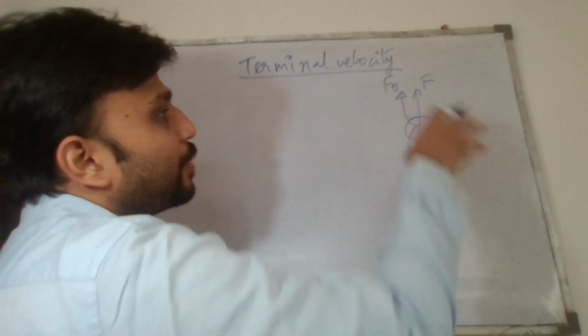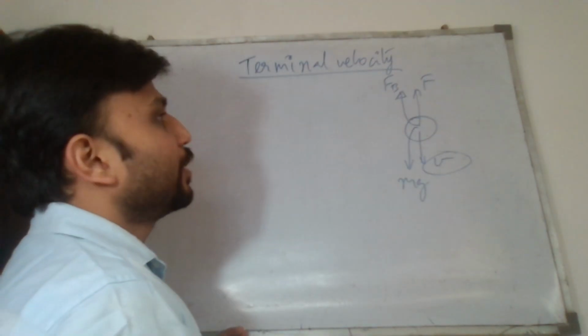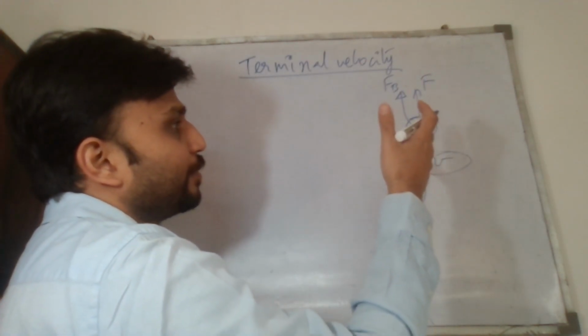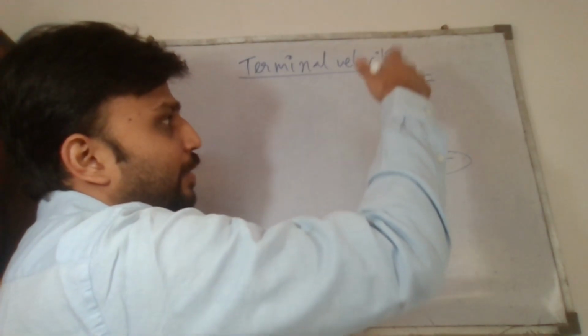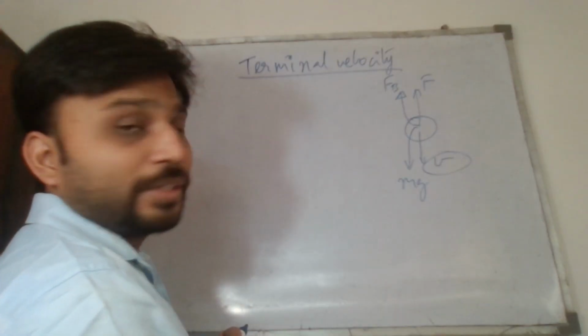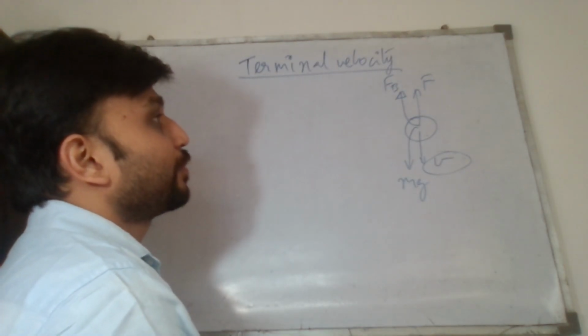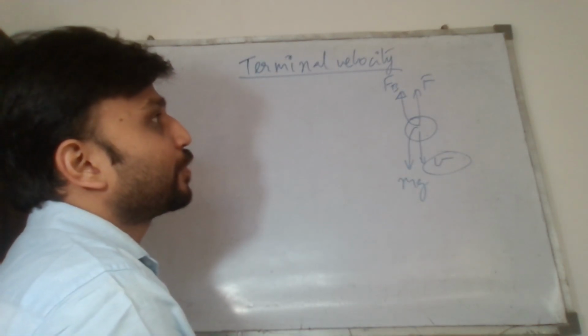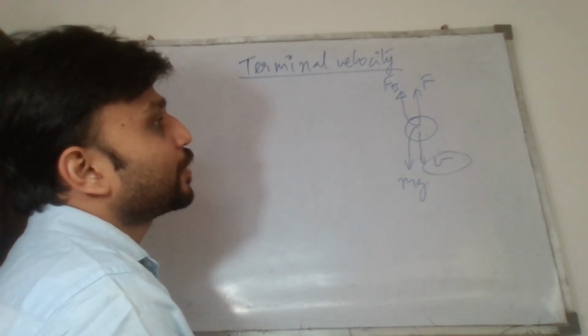So this is the case when the body is going down, right? If the body were going up, in that case, the viscous force would be acting in the downward direction. So basically, what is the case with which we want?